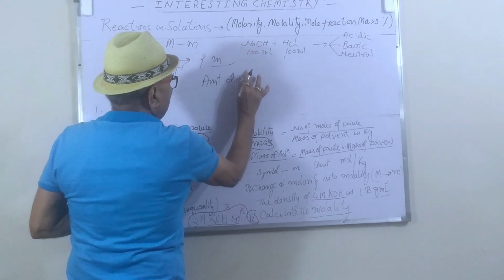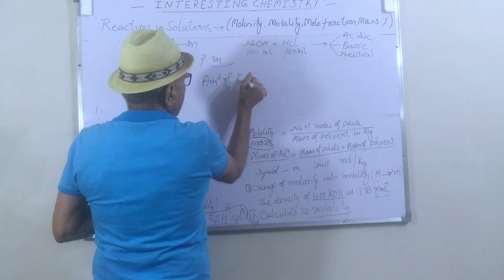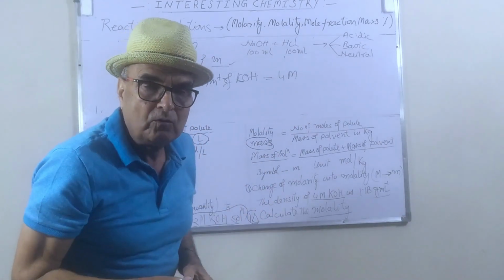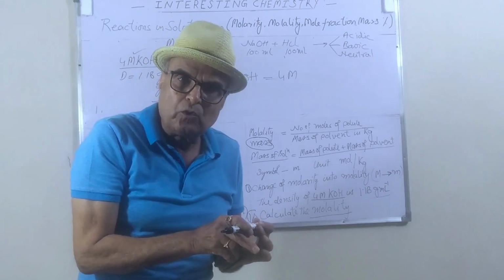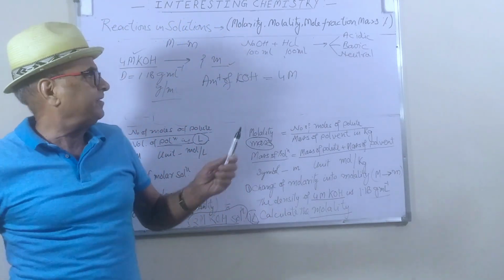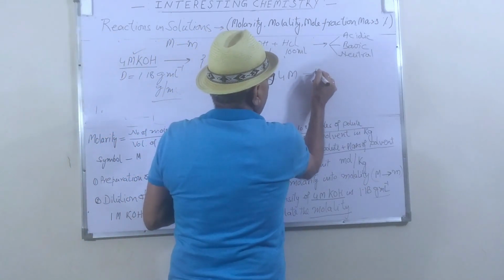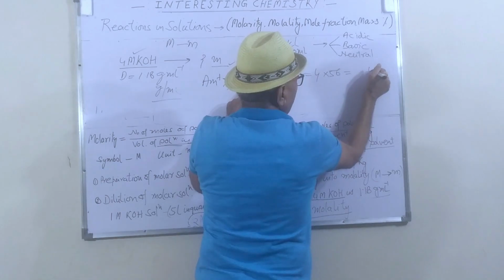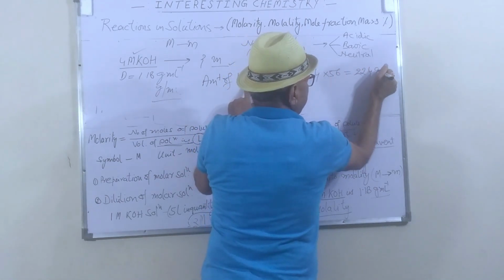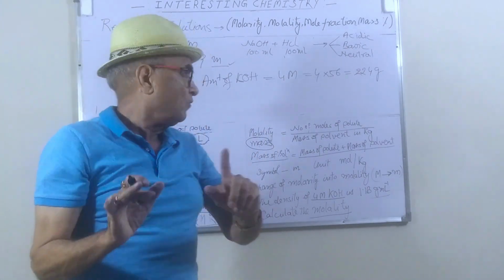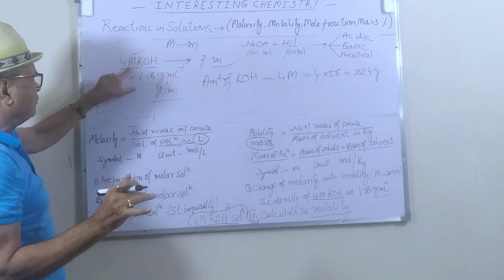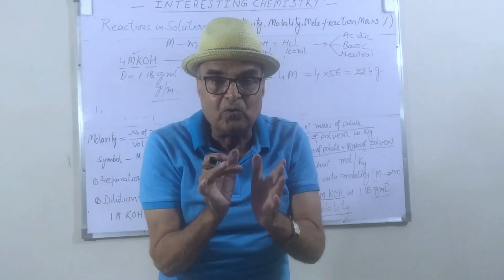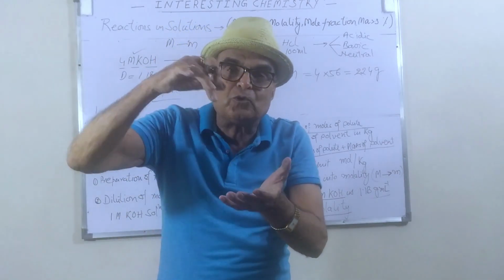The amount of KOH dissolved in 1 liter is 4 moles. KOH is 56, so 4 into 56 is equal to 224 gram. First, this 4 M KOH tells you the amount of KOH in that solution, that is 224 gram.